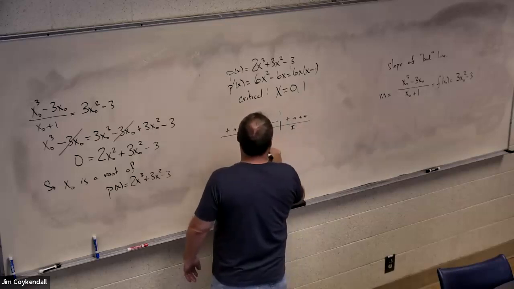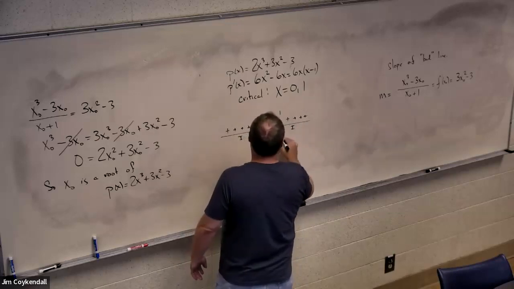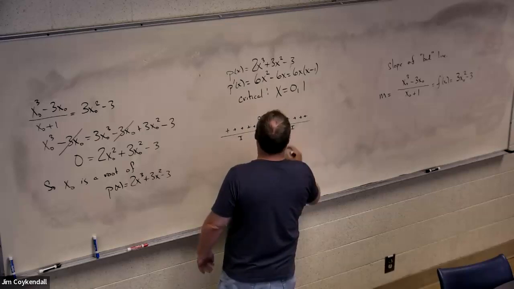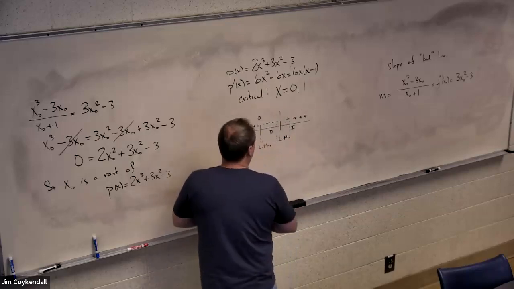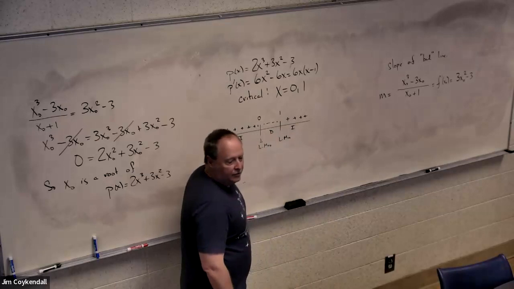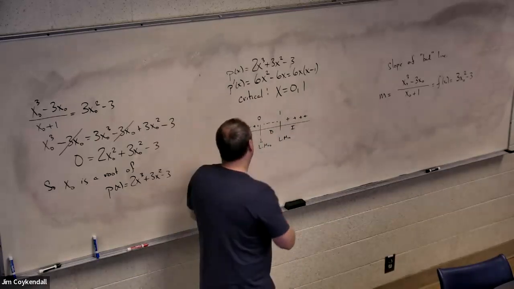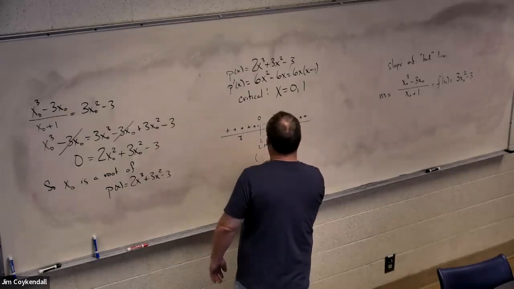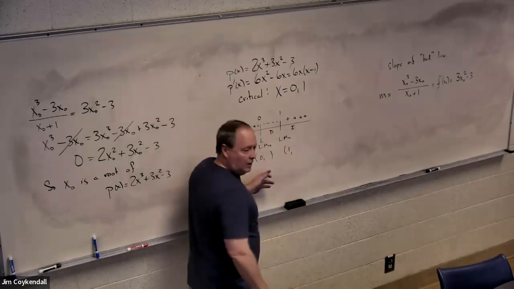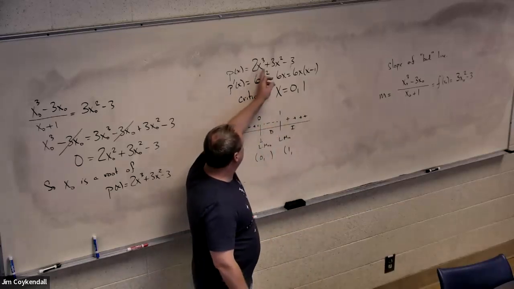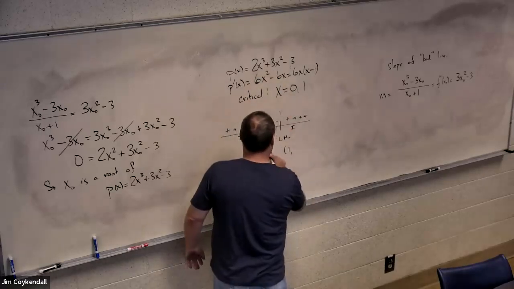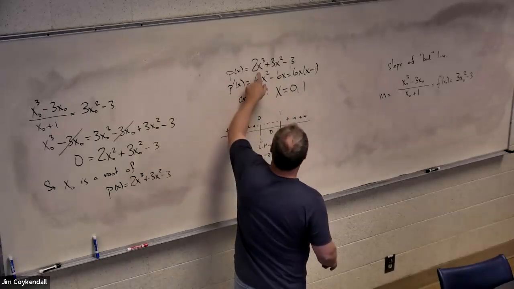So this gives me a local max at -1 and this gives me a local min at 0. These points are important. Local max at -1, local min at 0, negative 3.